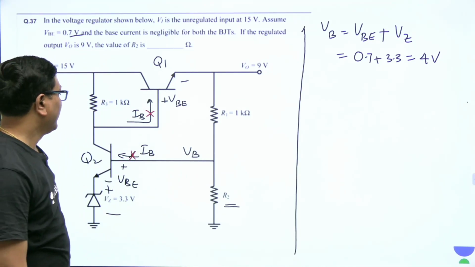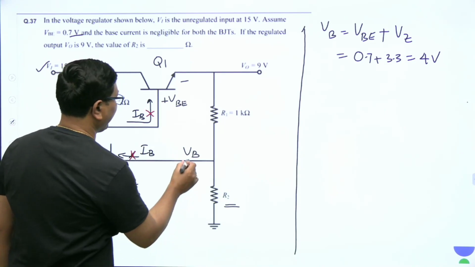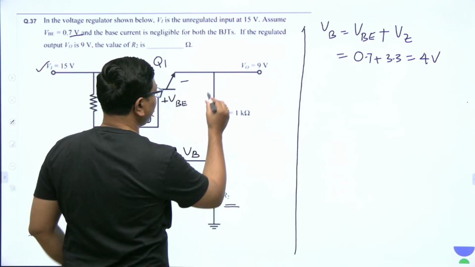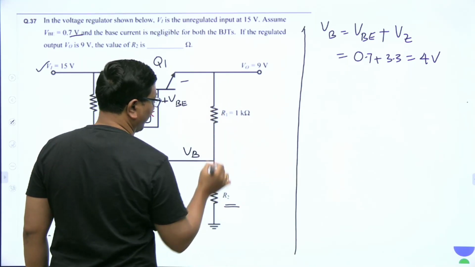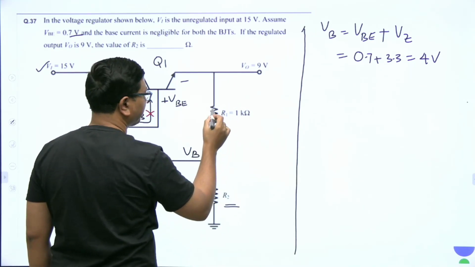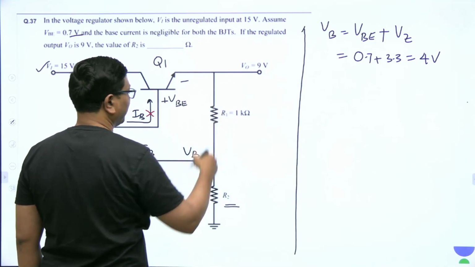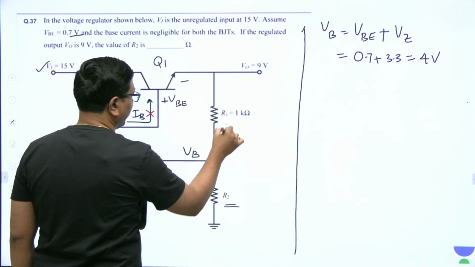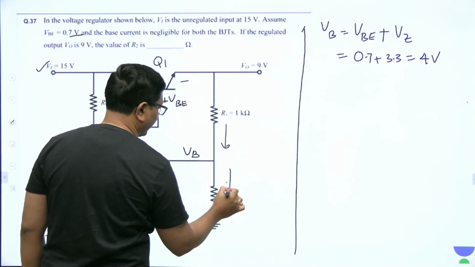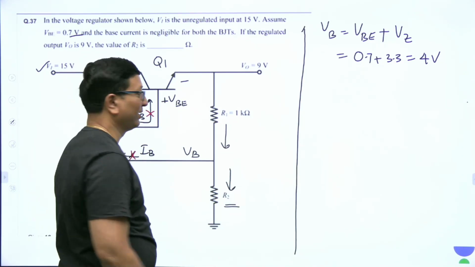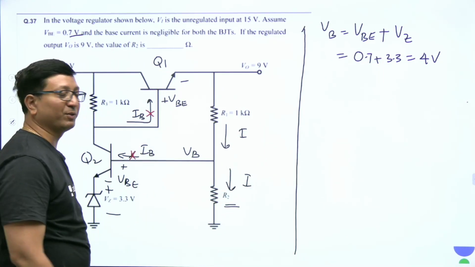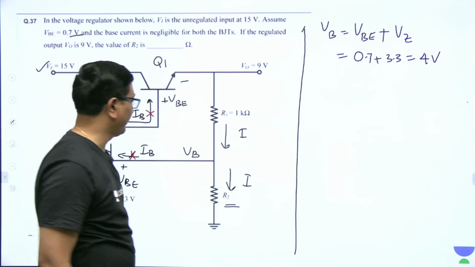And the next point, VB can also be written like V output by R1 plus R2 into R2. So how to write the relation between V output and VB? Because IB is neglected, from V output whatever the current comes, entire current has to go like this only. If I say this current is I, this is also I, because IB is neglected.